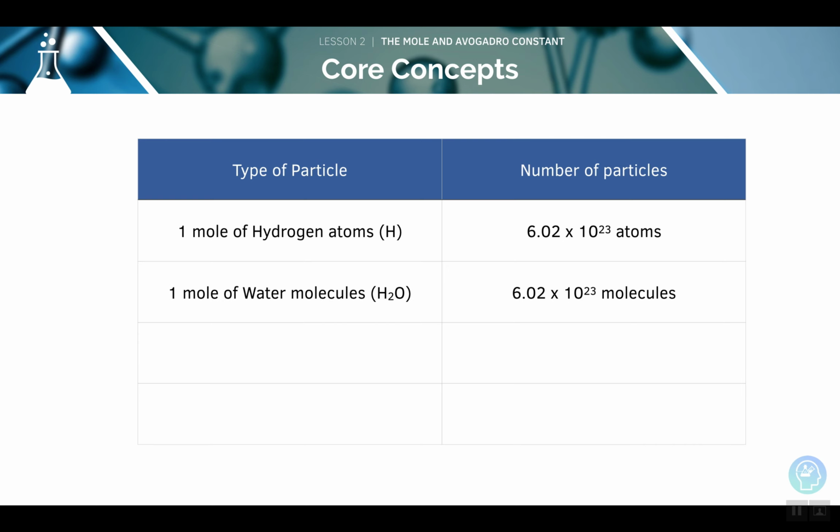Now let's look at potassium ions. We know that 1 mole of potassium ions will be 6.02 times 10 to the 23 ions.